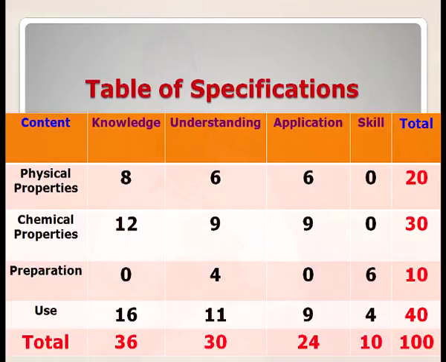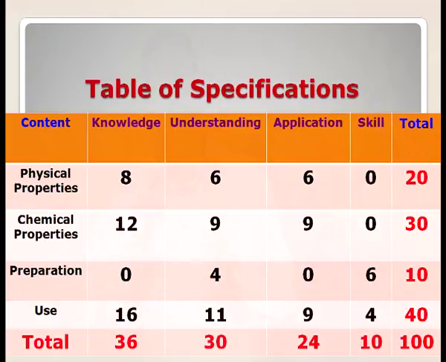Now you are preparing a test on, say, the properties of carbon dioxide: physical properties, chemical properties, preparation of carbon dioxide, and uses of carbon dioxide. We divided this topic into these four smaller concepts.